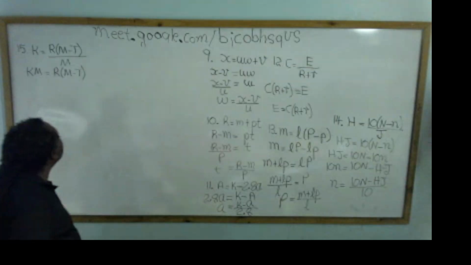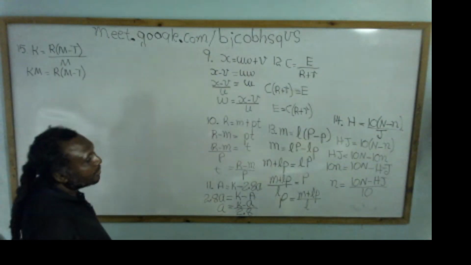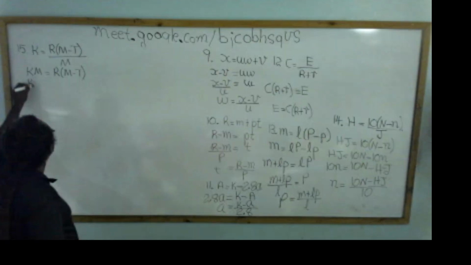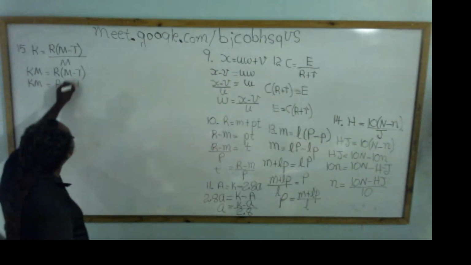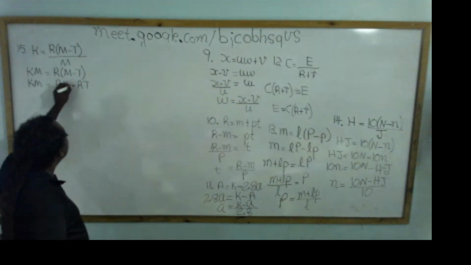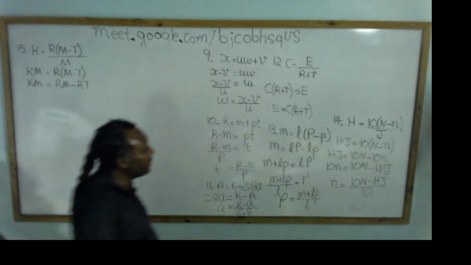The proposed subject is enclosed in the brackets here. We will remove the brackets. That means we'll expand the brackets, and we'll have Km is equal to Rm minus RT. And that is where your analogy ends for the moment.